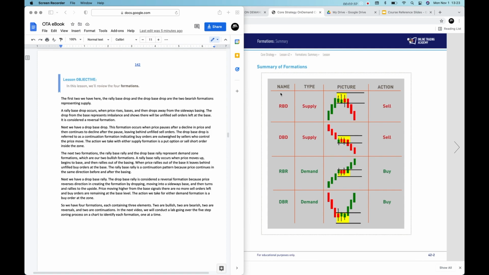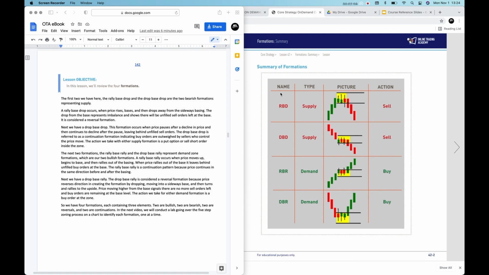Now, the next two formations, the rally-based rally and the drop-based rally, these represent demand zone formations. And these, again, are our two bullish formations. A rally-based rally occurs when price moves up, begins to base, and then rallies out of the base level.